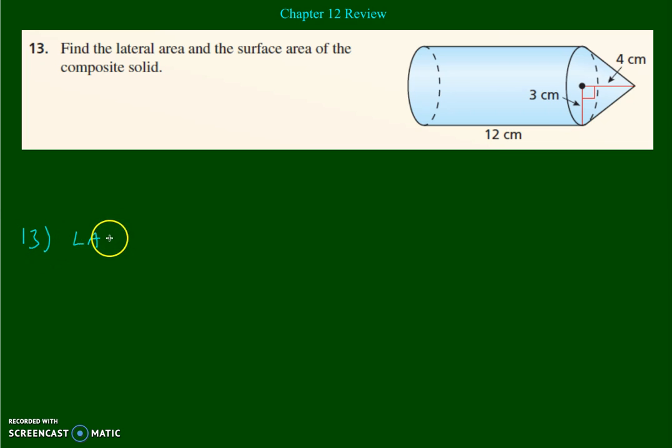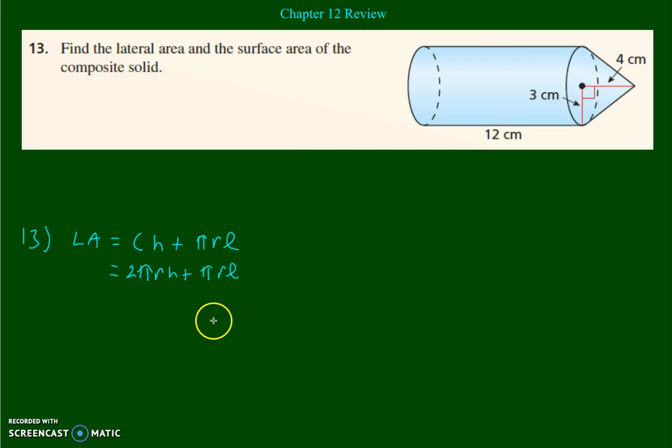Lateral area is going to be, now the lateral area of the cylinder is circumference times height or length, plus the lateral area of the cone, which is pi r l. This becomes 2 pi r h plus pi r l.